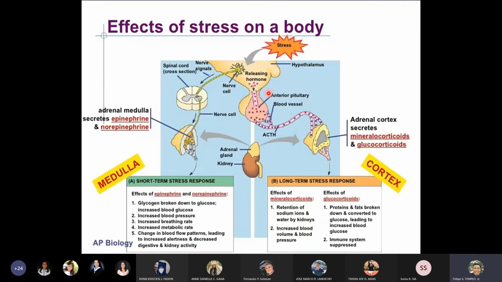Okay, take note, the short term is from your catecholamines. The long-term response to stress is from both your glucocorticoids and mineralocorticoids. So patients who are stressed are not just having elevated blood sugar, but also elevated blood pressure, immune system suppression, high sodium level, and maybe kidney problems.